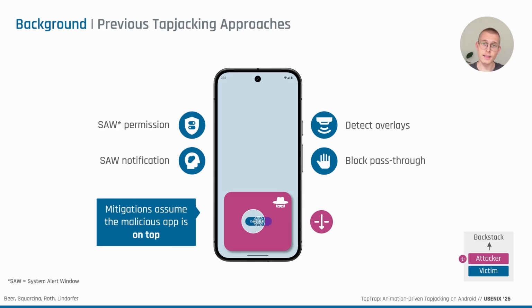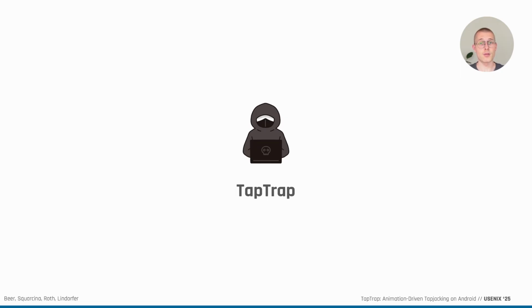The important takeaway from this slide is that all of the previous mitigations assume that the victim app is at the bottom of the backstack and that the malicious app is on top of the backstack and hides the victim app. So what is new about TapTrap?